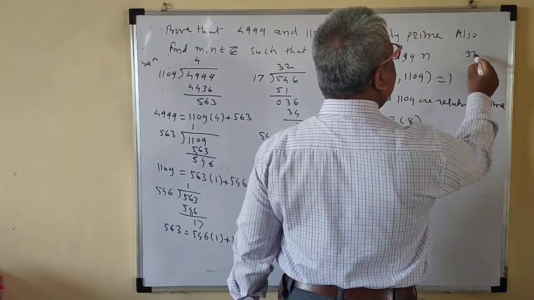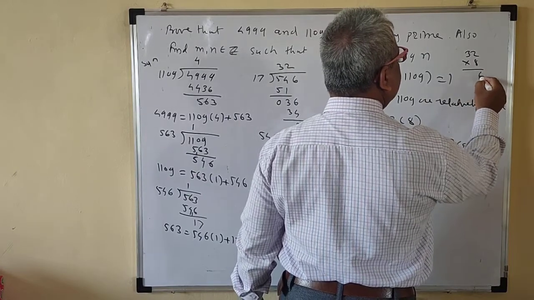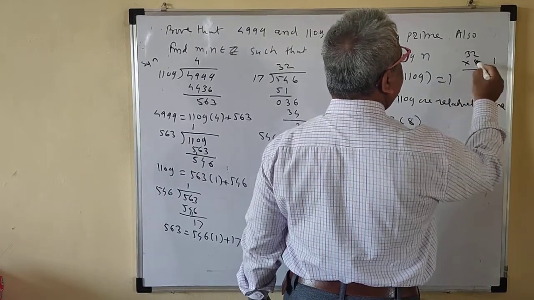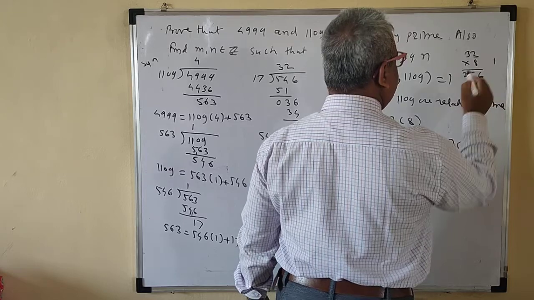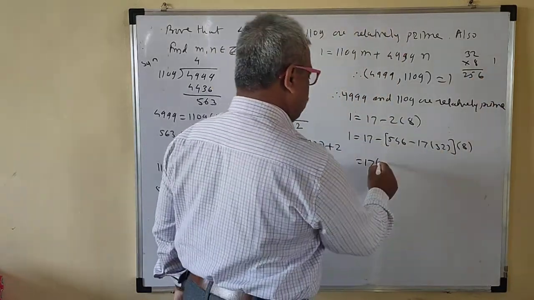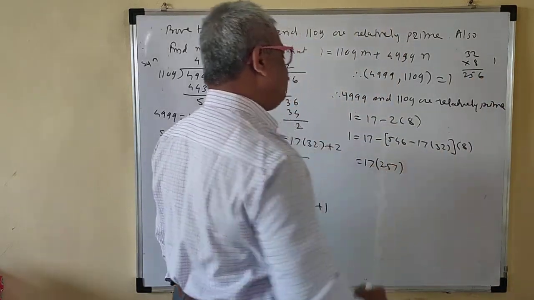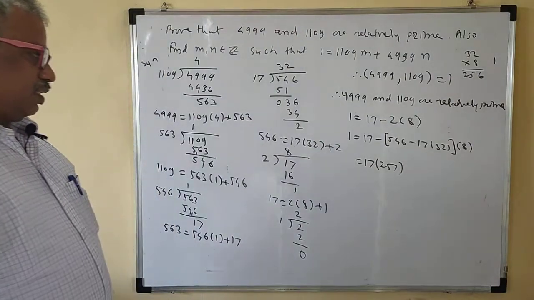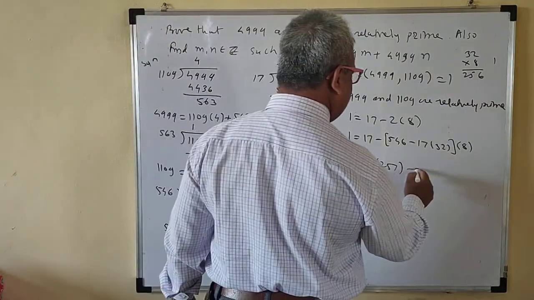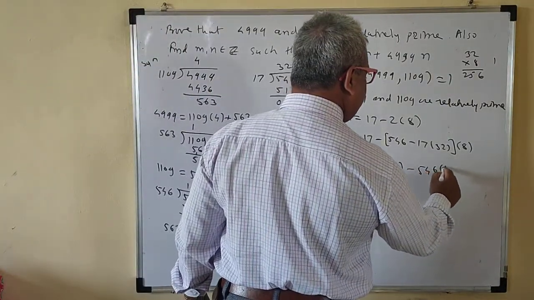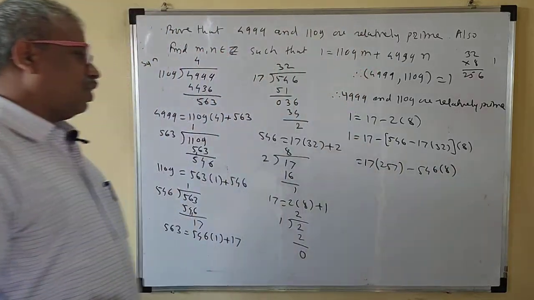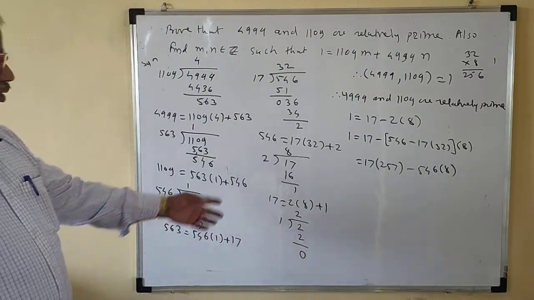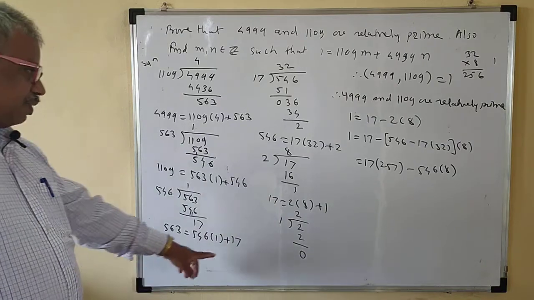You have to do this multiplication, 32 into 8. So this is 6, 16, so this is 24, this is 25 and plus 1. So 257. So 257 minus 546 into 8 now. Now the next remainder is, after 2, 17.